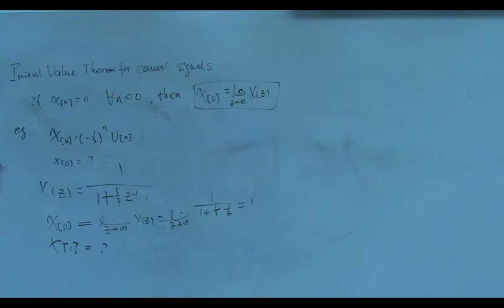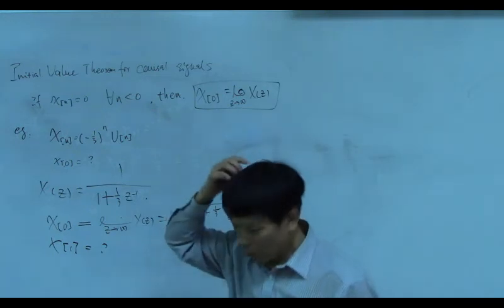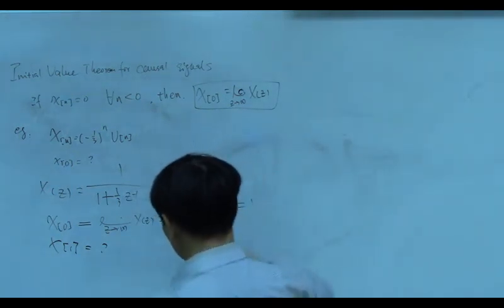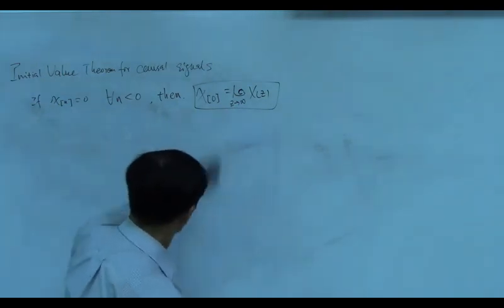And we are going to discuss the inverse z transform next time. Right? So let's see how to do that. We know this is easy. How to calculate x1? Now let's look back at here.